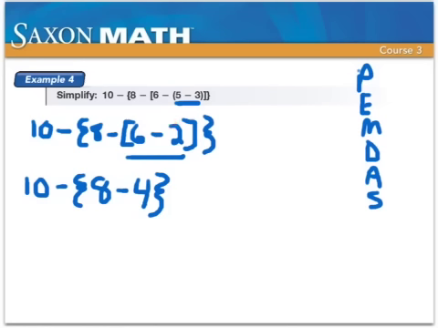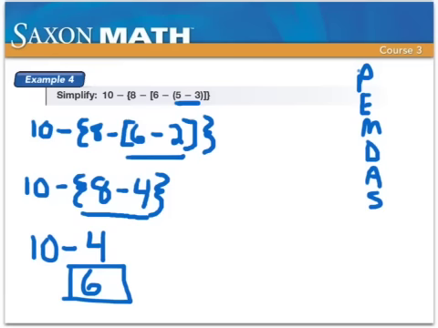When I did my brackets, I did 6 minus 2 and got 4. That got rid of my brackets because it changed. So now, I've still got to do the braces. So I've got 10 minus, and then this move is going to get rid of the braces. So 8 minus 4 is 4. And now my braces are gone because I simplified inside of those. Alright, and the last thing I have to do is 10 minus 4, and I get 6.